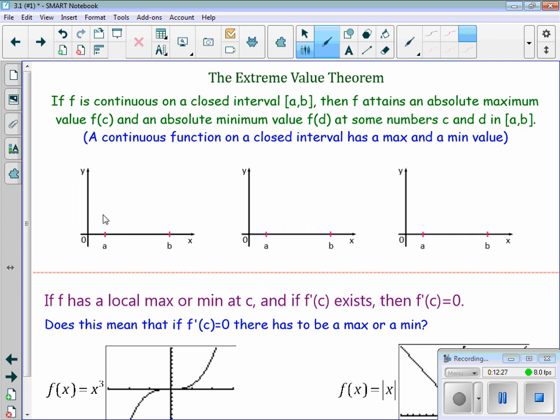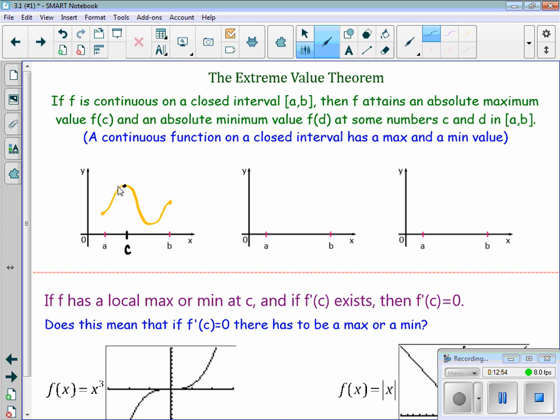So if we're going from here, and we have a continuous function, and it goes to here, there has to be an absolute max and absolute min. So it says here the absolute max value is f of c, so that would occur at c. So isn't this where the absolute max is on that graph? So I'm going to call that c.